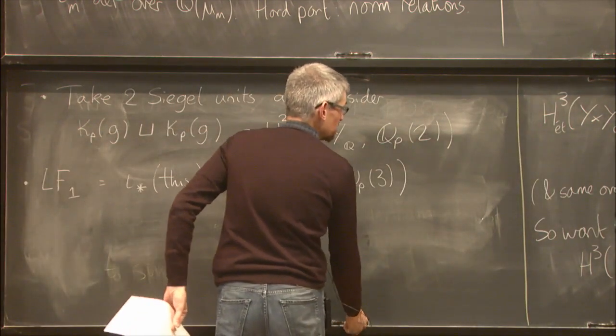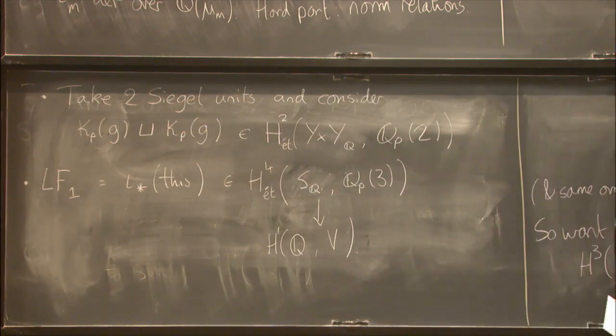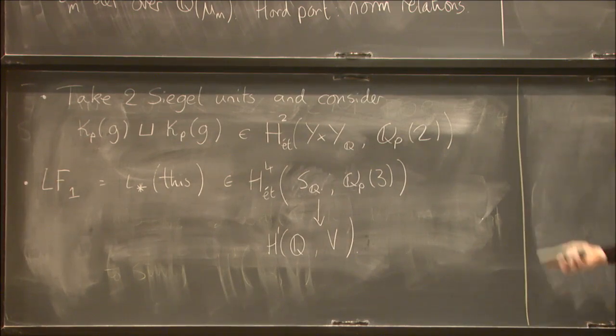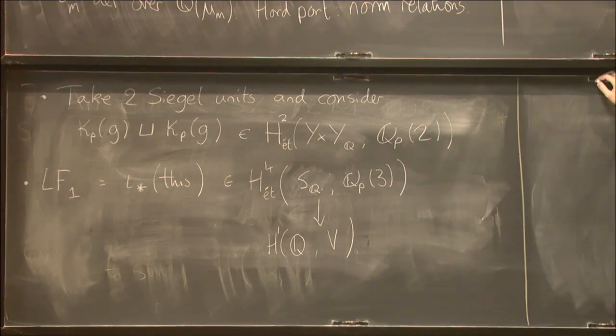So exactly as with Beilinson-Flach elements, this raises several natural questions, some of which we can answer and some of which we can't. The most natural question is, is this guy non-zero? And we can't answer that question. But what we can say is that it extends to an Euler system.